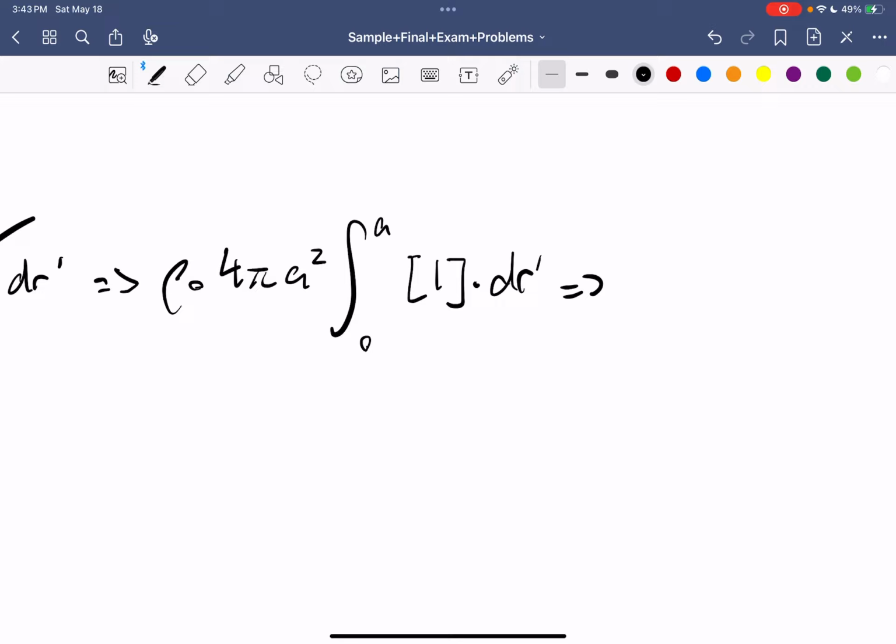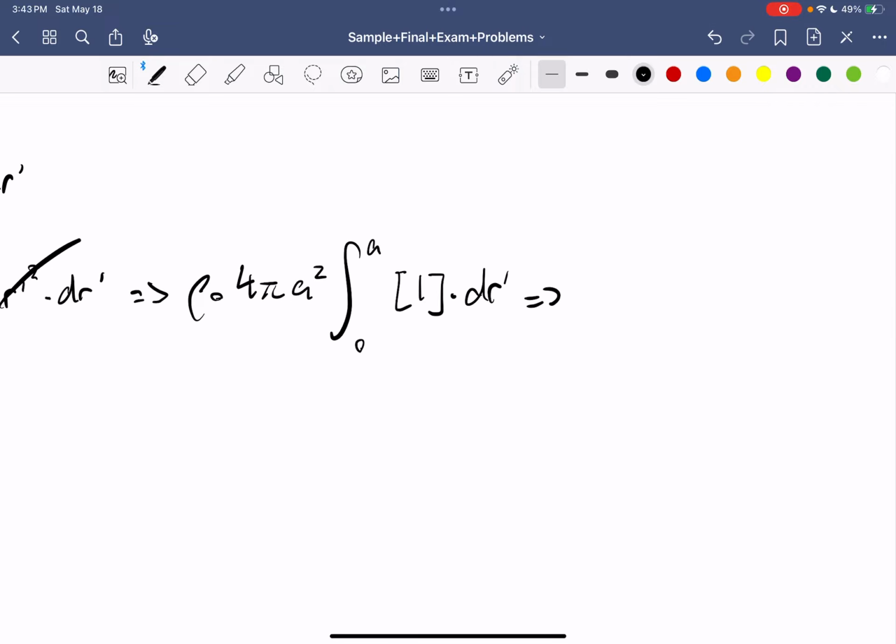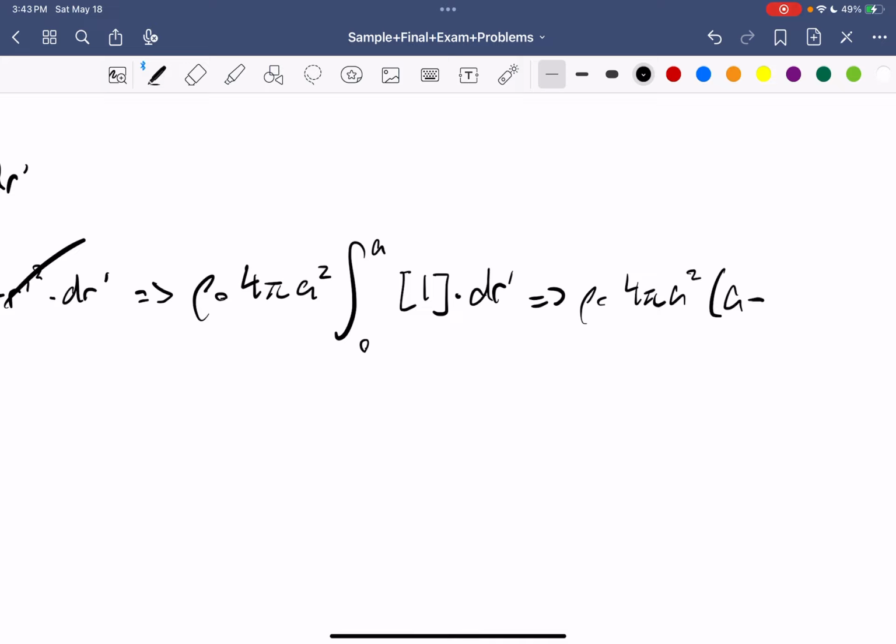Now we know that the integral of 1, with respect to r prime, is going to be r prime, evaluated with respect to a, so it's going to be a minus 0.